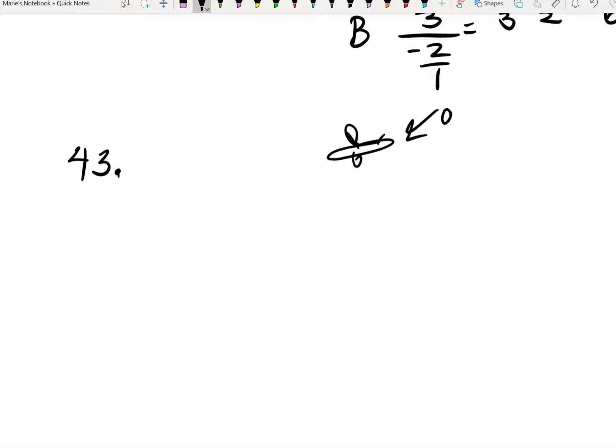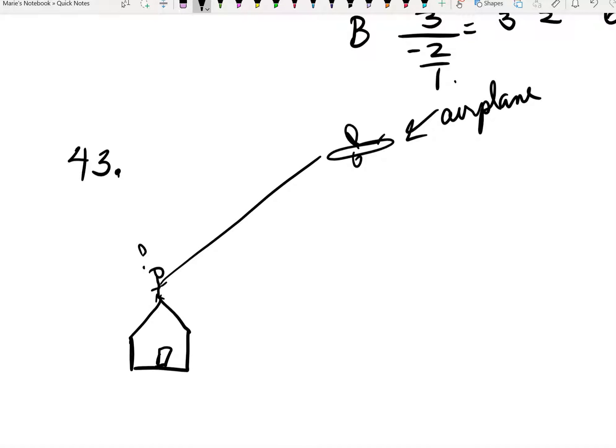Just in case you can't follow my art form, airplane. Okay, and here's a house. There's a door. Somehow you're standing at the roof, because they're saying you're at the roof of your house, so why you'd be there, I don't want to know. So the angle of elevation looks like that.